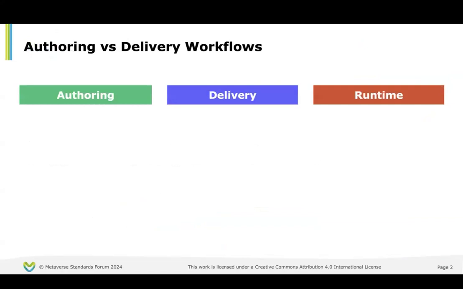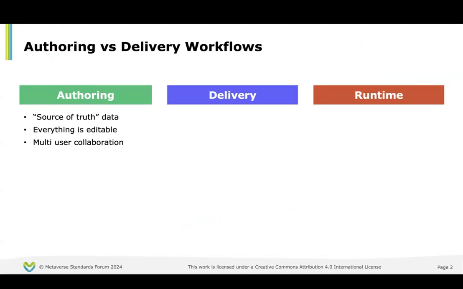Of course this is well known to the people in this audience, but it is useful when we go through all these different formats that we think about the different workflows they've been designed to facilitate. So we need to differentiate between authoring and delivery, and also runtime environments. In authoring, of course, we're talking about the source of truth data. Everything is editable.